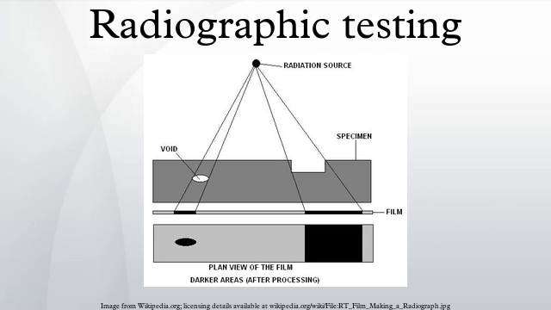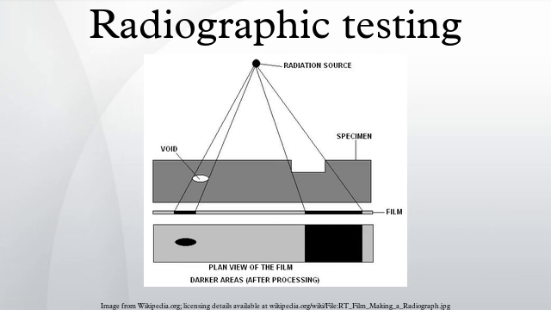EN 462-3, non-destructive testing, image quality of radiographs, Part 3, image quality classes for ferrous metals. EN 462-4, non-destructive testing, image quality of radiographs, Part 4, experimental evaluation of image quality values and image quality tables.